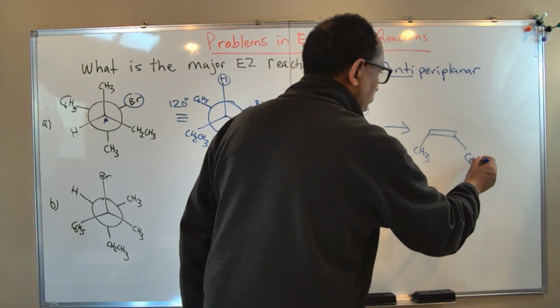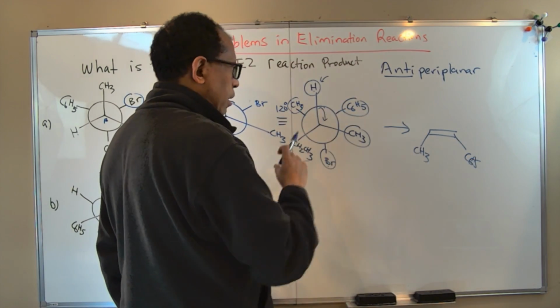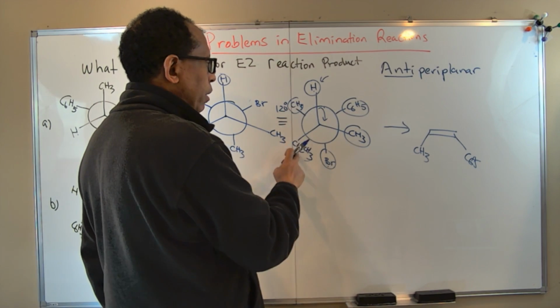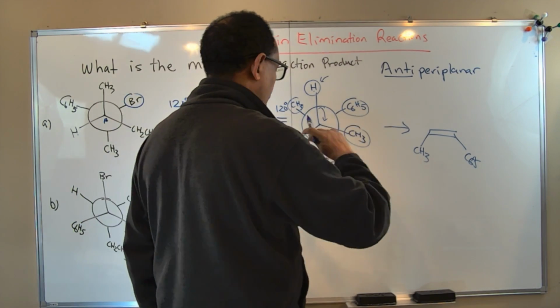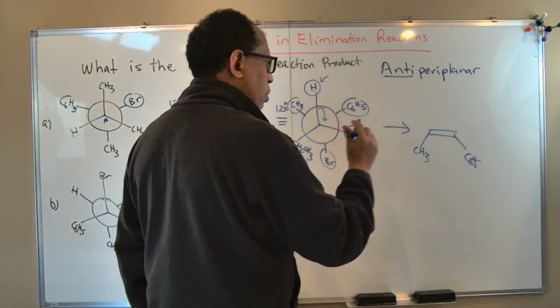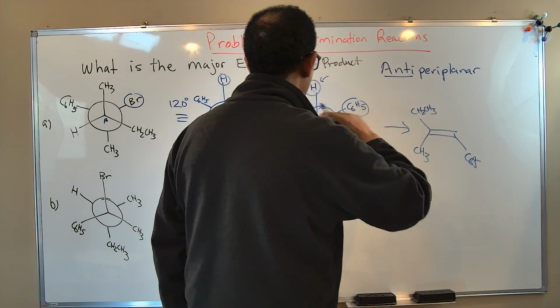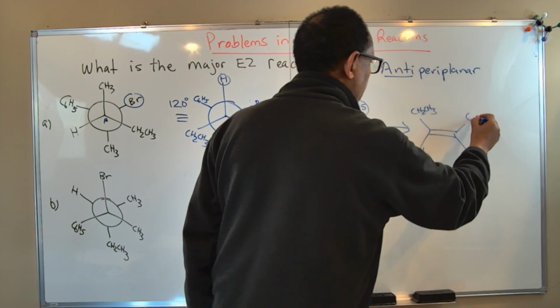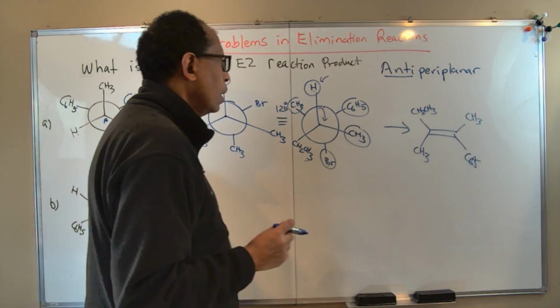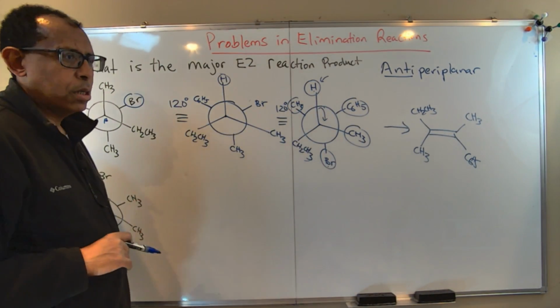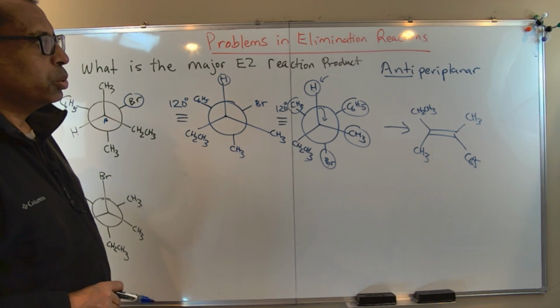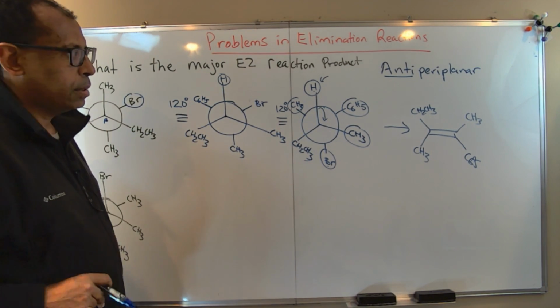You could imagine this by just looking at that. And obviously these two would be on the same side. That means CH2 would be here, CH2, CH3, and the CH3 would be here. So that's the product. The major product of this elimination reaction looks like that.